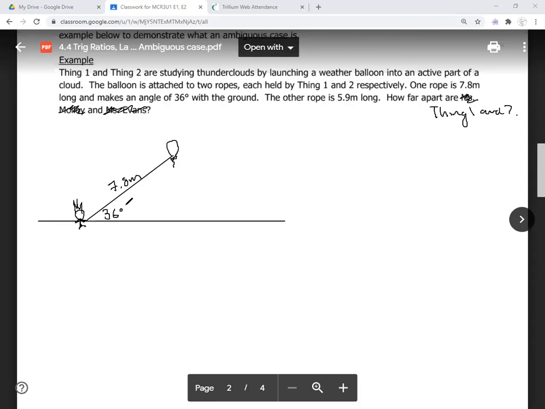Can you finish the triangle? Sketch this. You don't have to draw thing one, but just sketch the triangle and show me what it looks like. Let me redraw this actually. I need some space.